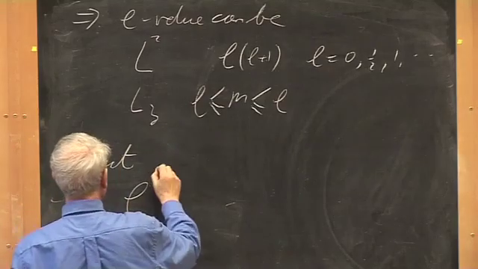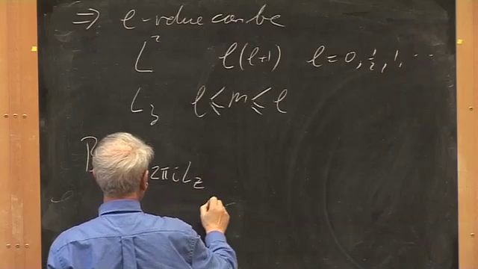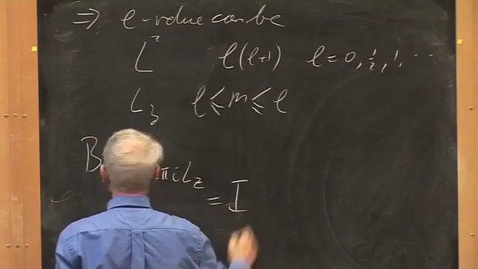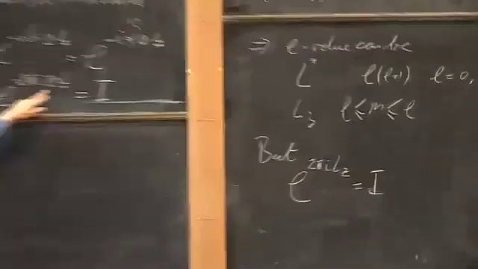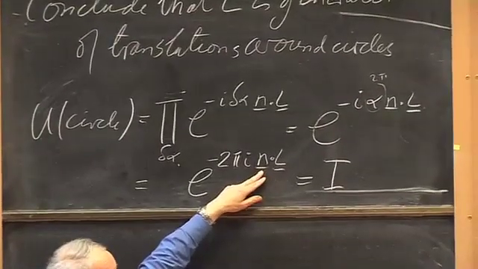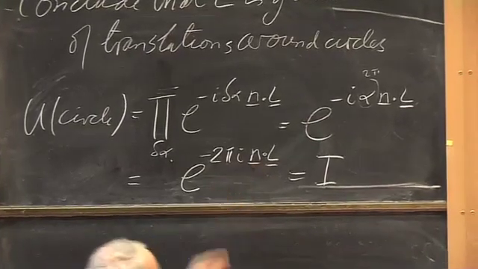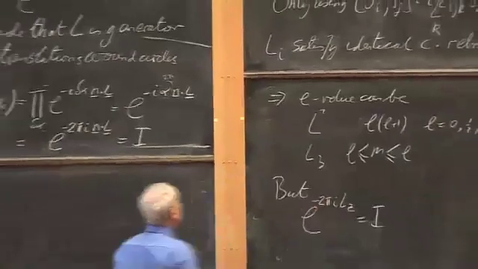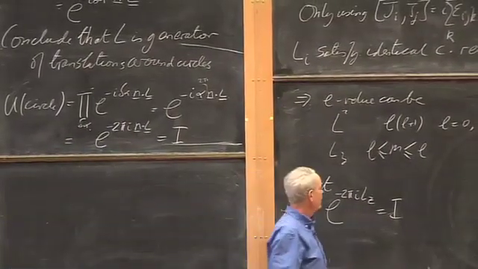e to the 2 pi i Lz has to be the identity operator. We've just shown that. That's this statement with n put equal to the unit vector in the z direction. Okay, actually I need a minus sign. So we have that this thing has to be the identity operator.